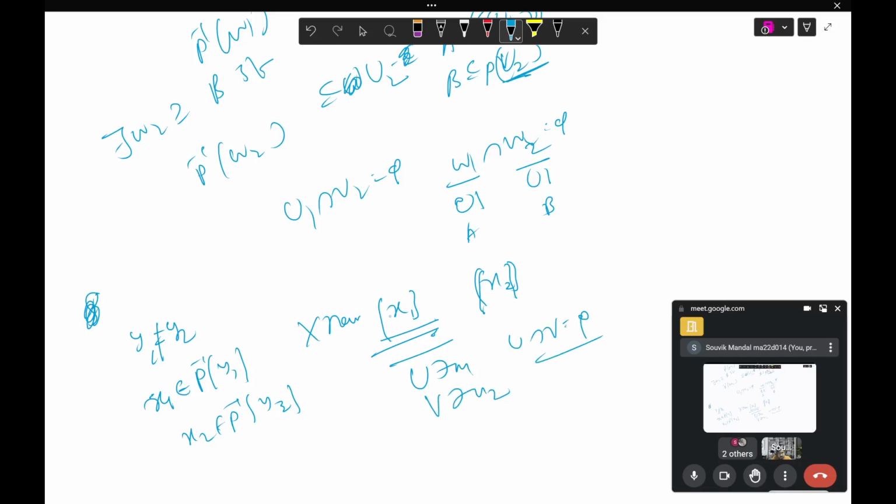Then you need to find neighborhoods around y1 and y2 somehow, and you have the neighborhoods around x1 and x2, the inverse images. Now think about it. Yes, sir.